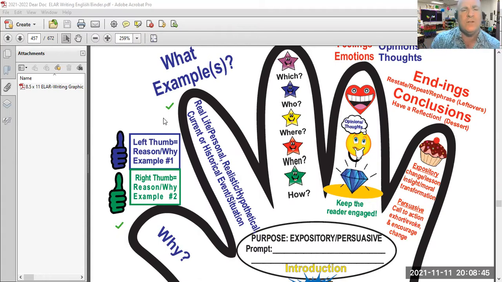Now, what I've noticed is too many students are giving lots of reasons, or they're giving way too many examples. They say, oh, my teacher is nice, and they give lots of examples of nice, but never explain any of them. So what you want to do is say, on the second finger here, what real life example could I give?